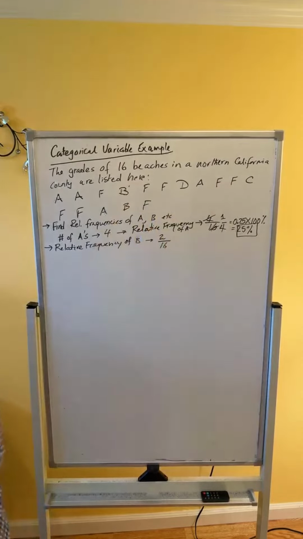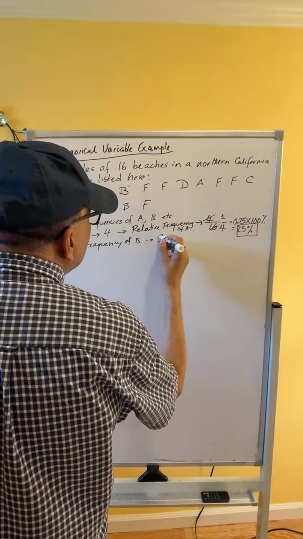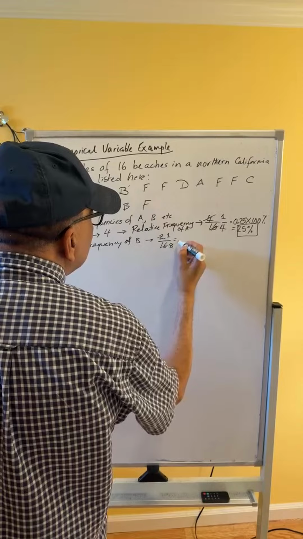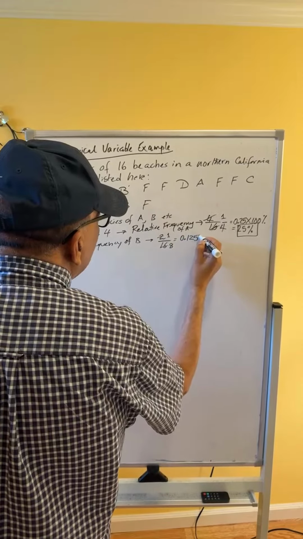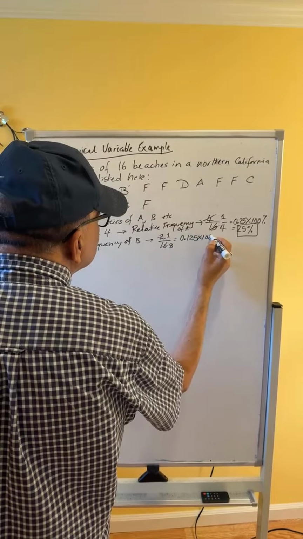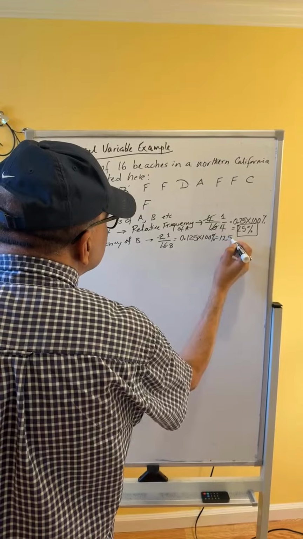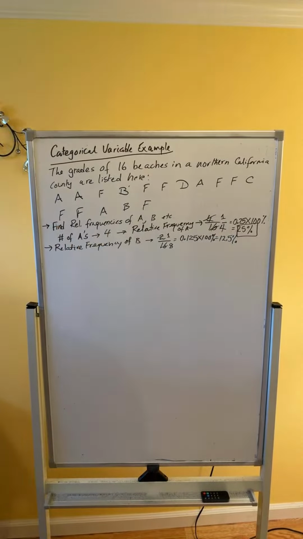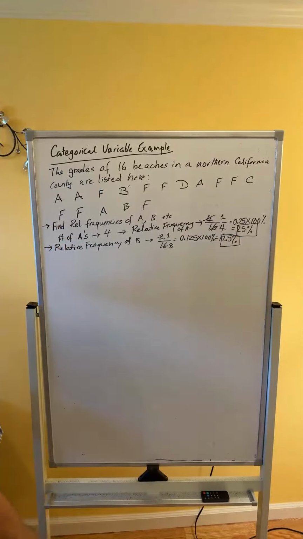So 2 out of 16 is 2 goes into itself 1 time, 2 goes into 16, 1/8, which is 0.125 multiplied by 100%, or 12.5% of the beaches in this California county are rated B, okay, which is about half that of A, and so forth.